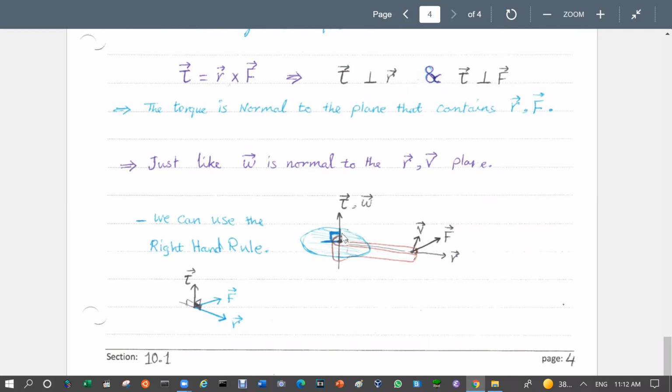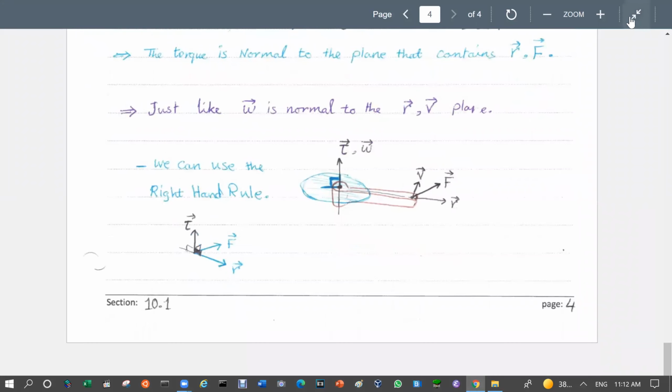Just as we said yesterday about rotation about an axis, the rotation direction is along that axis. So if this is R and this is F, the direction of the torque is perpendicular to these two vectors. Okay.